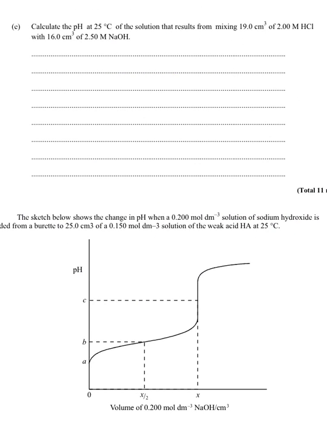Calculate the pH at 25 degrees C of the solution that results from mixing 19 centimetres cubed of 2 molar HCl with 16 centimetres cubed of 2.5 molar sodium hydroxide. So the first place to start is to work out the moles of H+. Now it's hydrochloric acid, so 1 mole of hydrochloric acid gives you 1 mole of hydrogen ions. So we'll do a vol times conc.